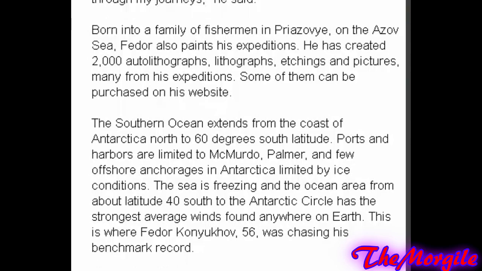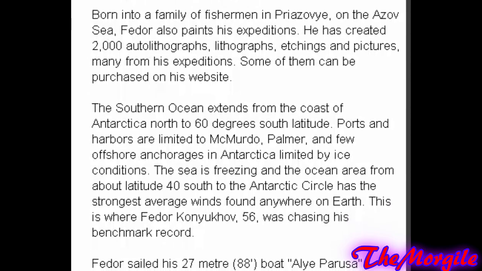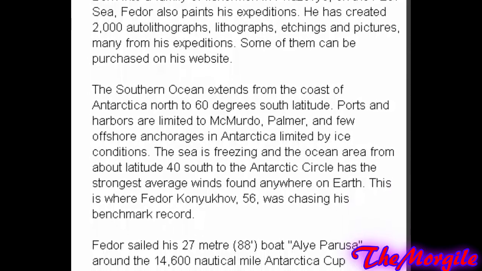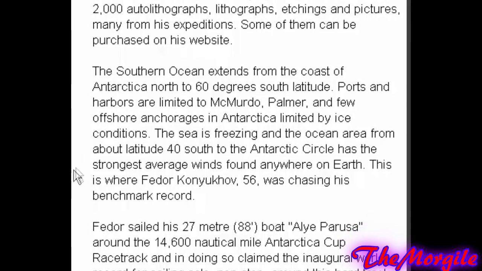So to call the Antarctica Cup Challenge an east to west circumnavigation of the South Arctic Circle is preposterous, since again the South Arctic Circle is around 65, 66 degrees south.